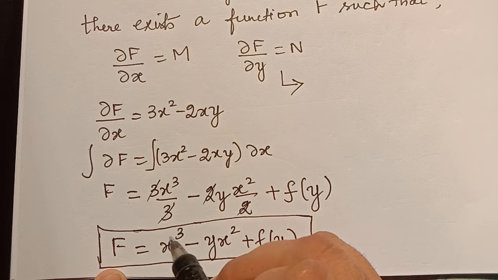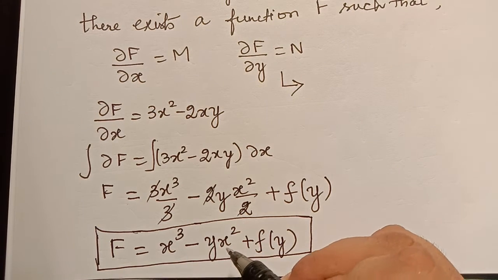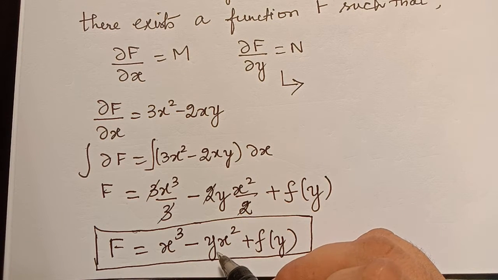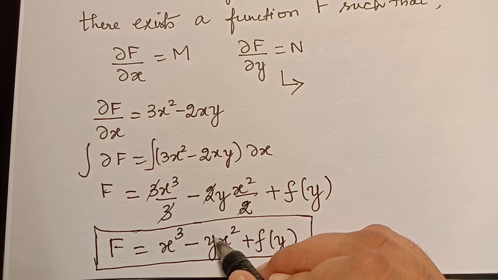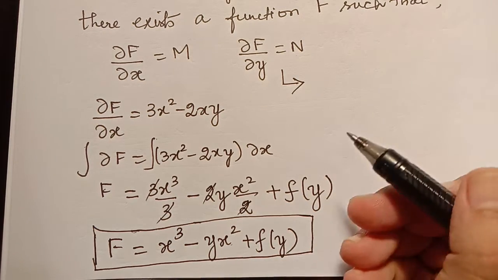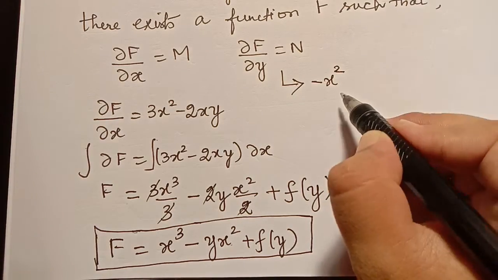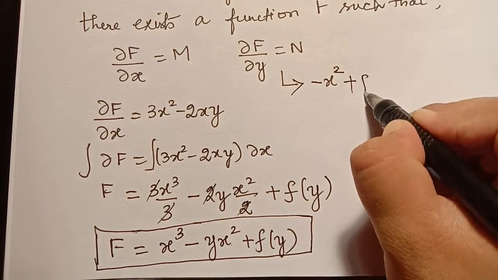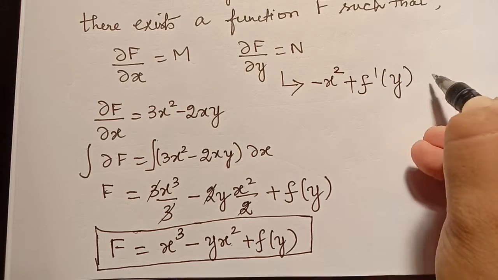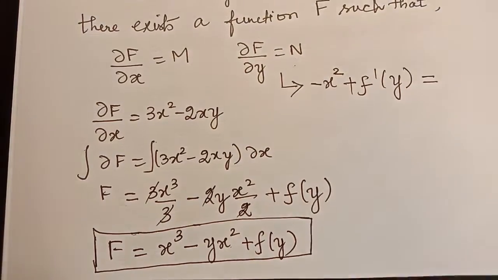So on differentiation it will become 0, and then yx². With respect to y, when we differentiate, it will be 1 for this, and minus x² we will get as such because it is a constant, plus the differentiation of f(y) will be f′(y), and that is equal to N. So what is our N?